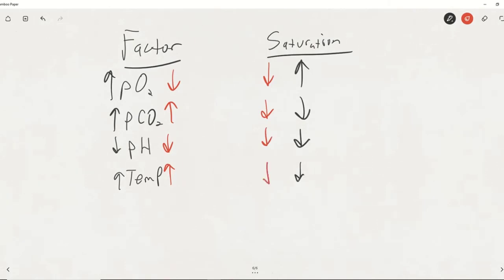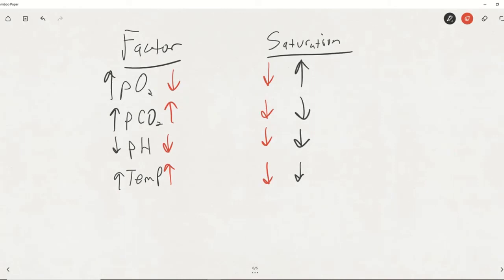High temperature, low saturation. So this metabolically active tissue in your legs, all four things that happen lower the saturation. And remember, when we say saturation, we're talking about how much oxygen is attached to the hemoglobin.